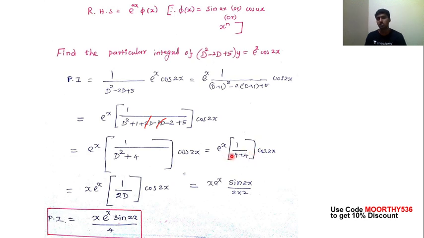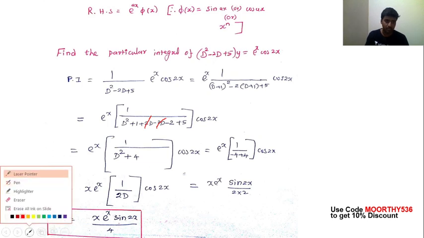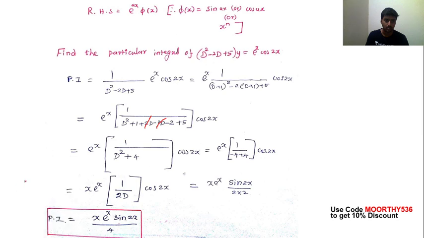Minus 4 plus 4 is 0. If the denominator is equal to 0, the ordinary rule fails. From this equation it is equal to e power x into 1 divided by 0 into cos 2x. Ordinary rule fails.